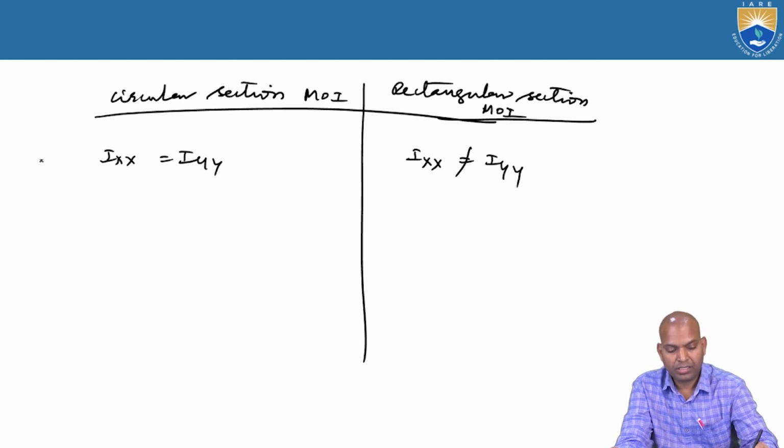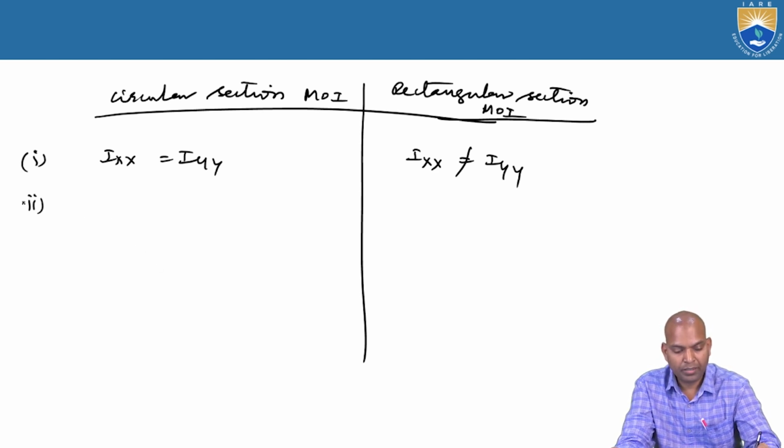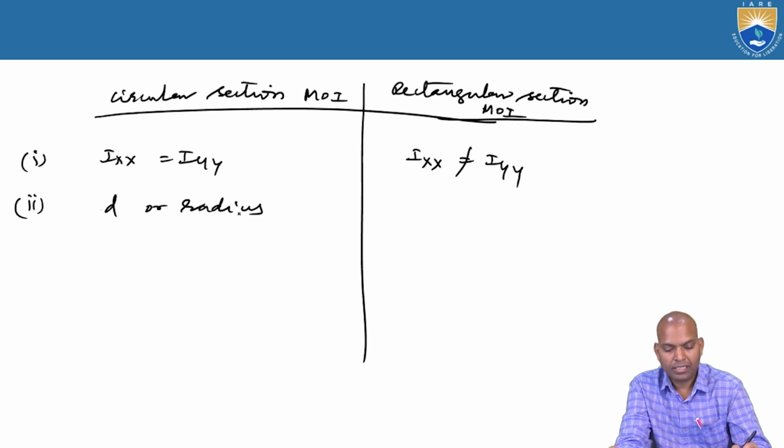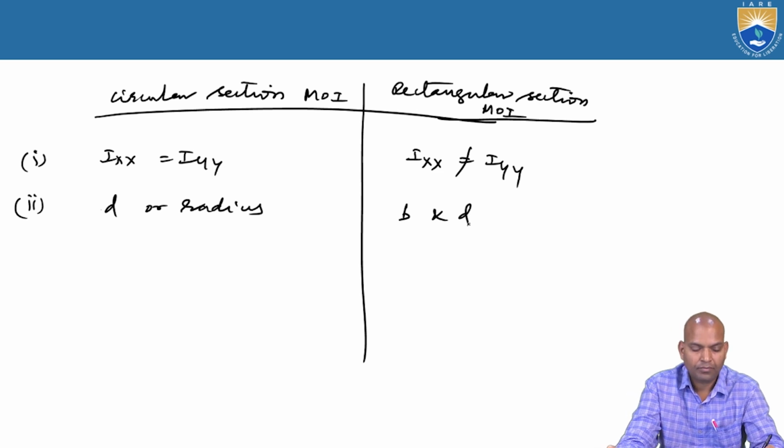The circular section depends upon only one parameter, that is the diameter or radius, whereas the rectangular section depends on B and D.